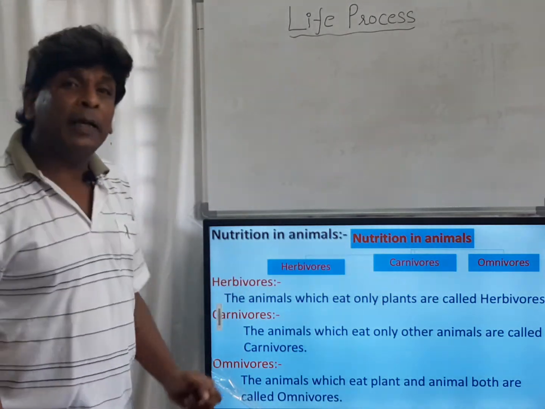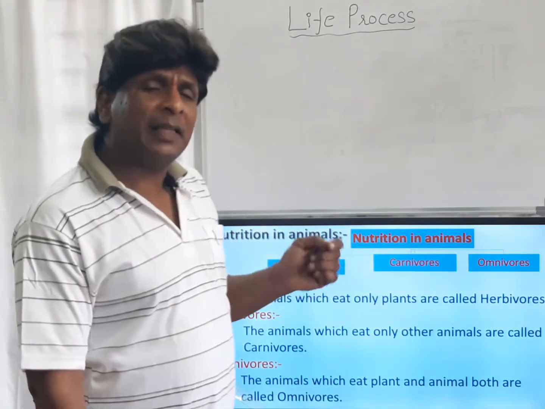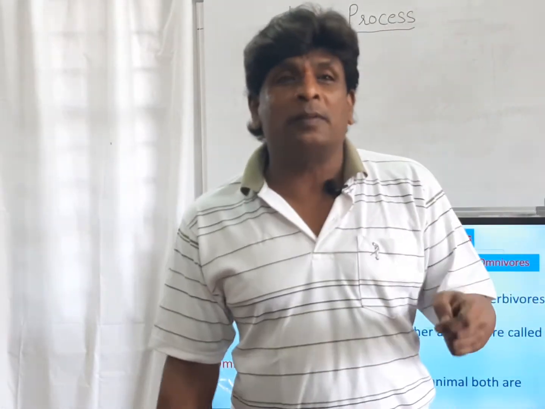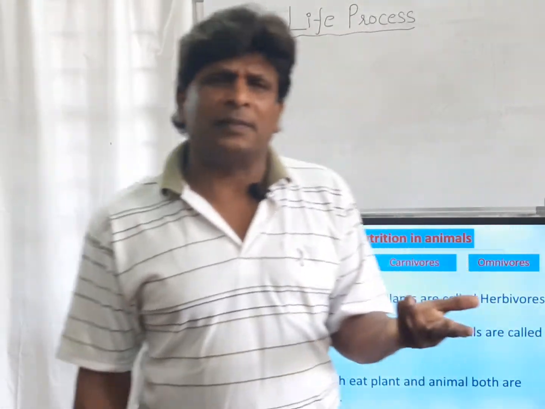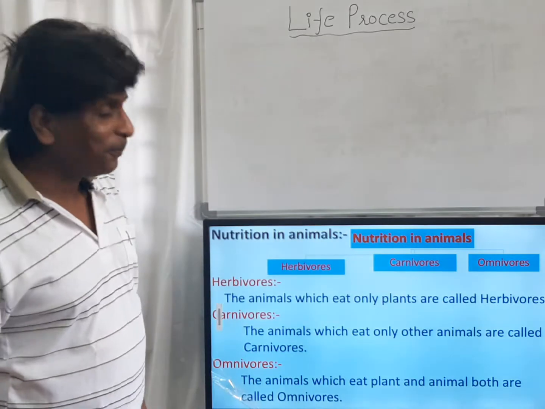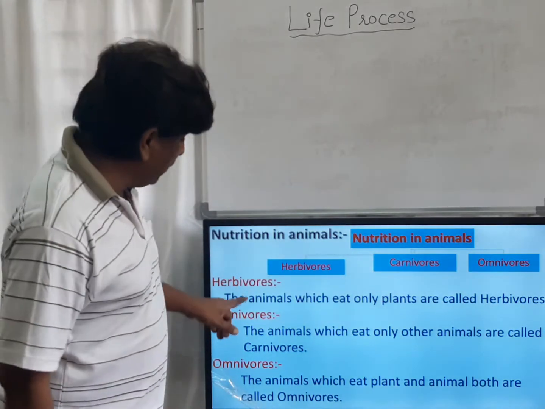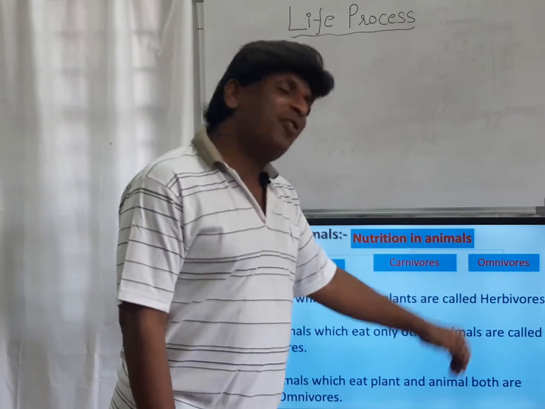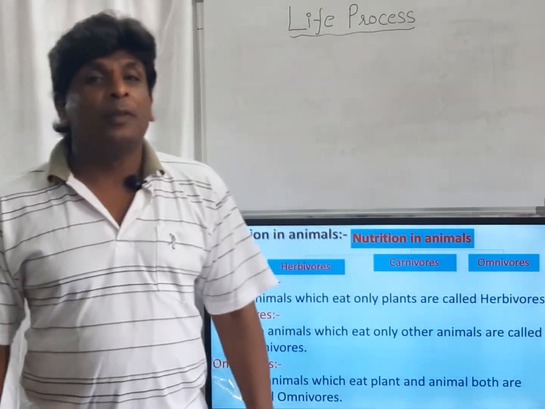First one is herbivorous. The name itself says it: herbivorous means herbal. The animals which eat herbals, that means vegetarians, are herbivorous. The definition is: the animals which eat only plants are called herbivorous. Simple.